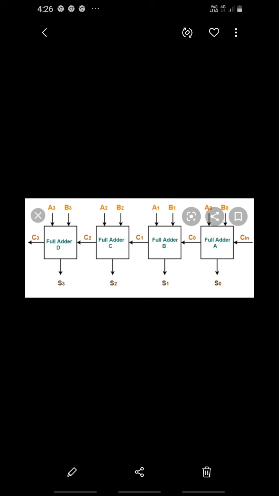When we want to add two numbers, first we should add the LSB A0 and B0, giving us the sum and the carry C0. This carry has to be added to the next higher significant position bit A1 and B1, giving us the sum and carry.